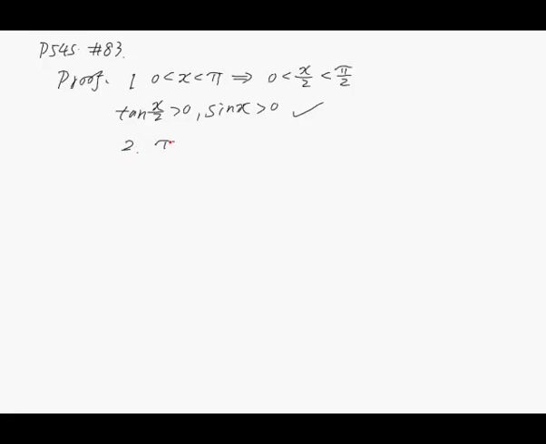Now let's look at case 2, when x is between pi and 2 pi, so in quadrant 3 or quadrant 4. And we still divide each part by 2. Then we get half pi less than half x and less than pi.